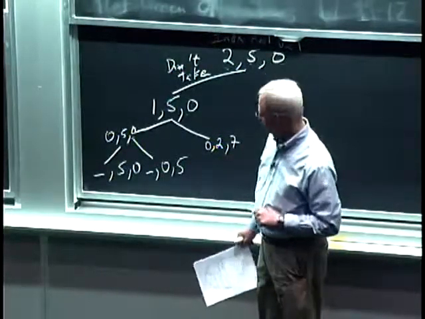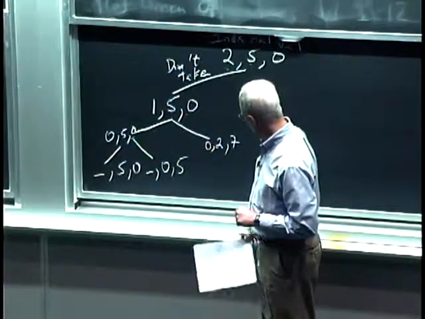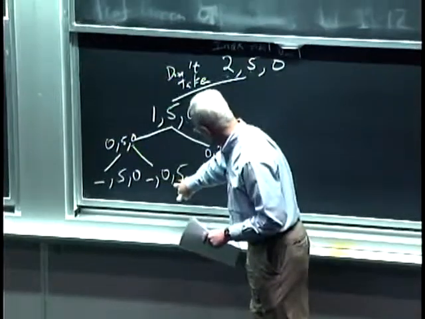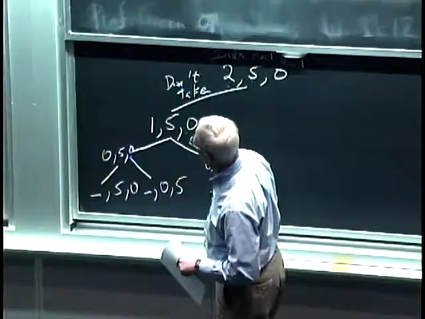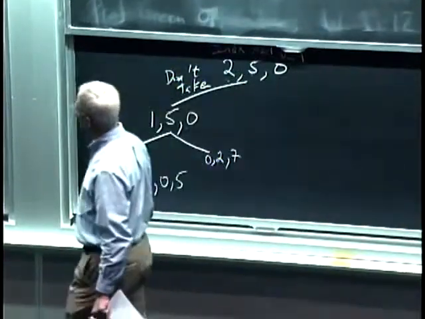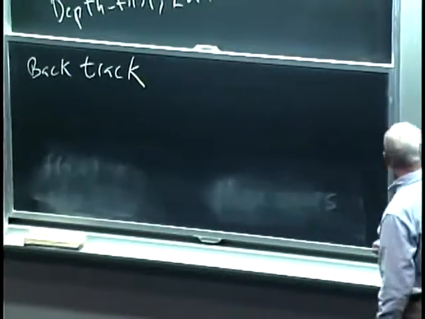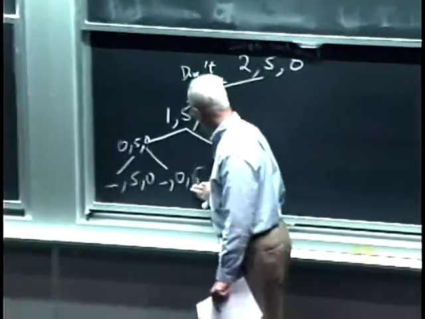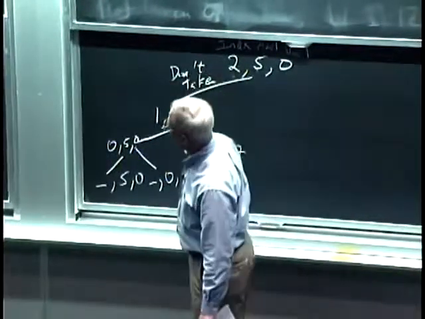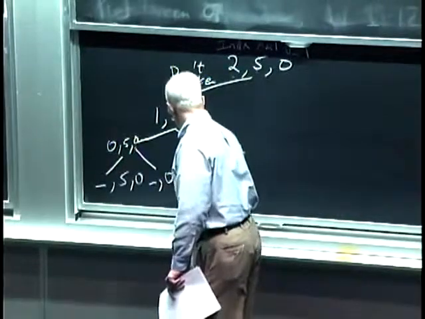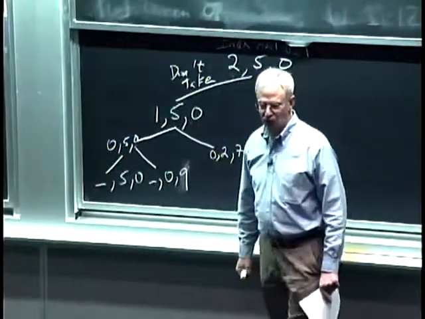Pardon? This one? Yeah, the value should be 9. Remember, I'm working from the back, so it shouldn't be 9. It should be what? Item 0. You're right. Item 0 is 9. Thank you. Right, you are.